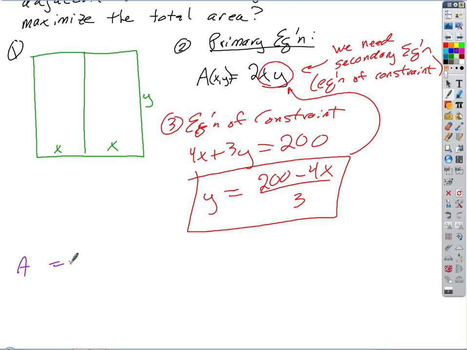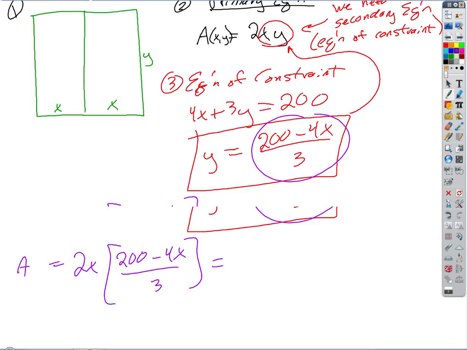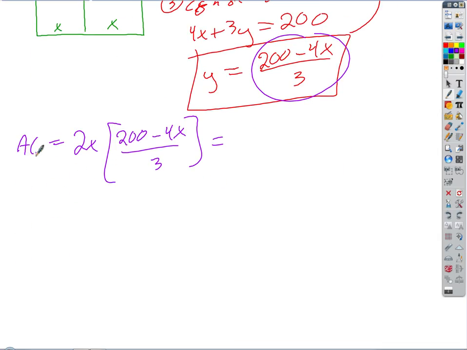So we get A equals 2x times y, but that's our substitution. So 2x times the quantity 200 minus 4x over 3. So what's that equal? And notice now we've got A as a function of one variable, right?